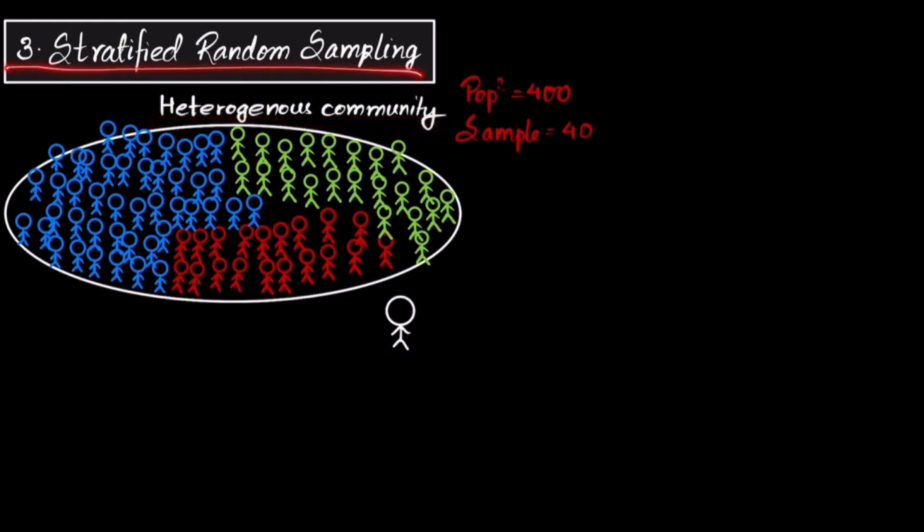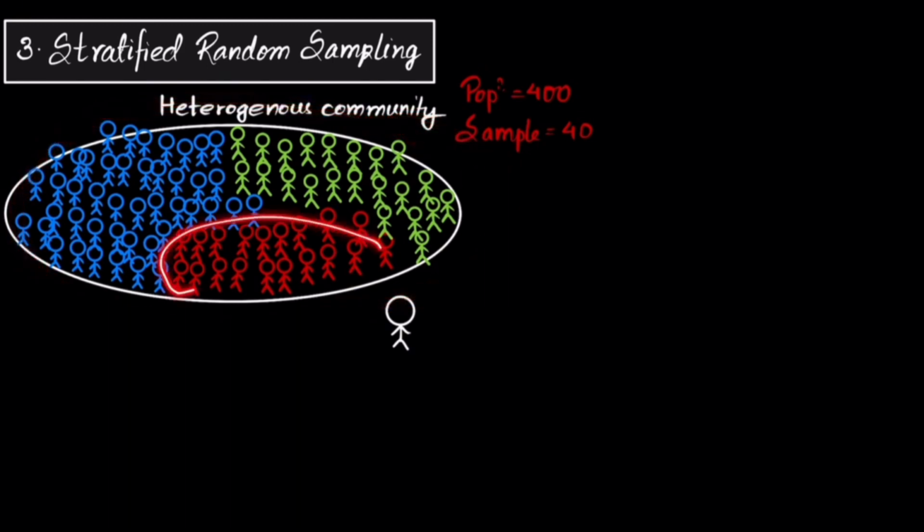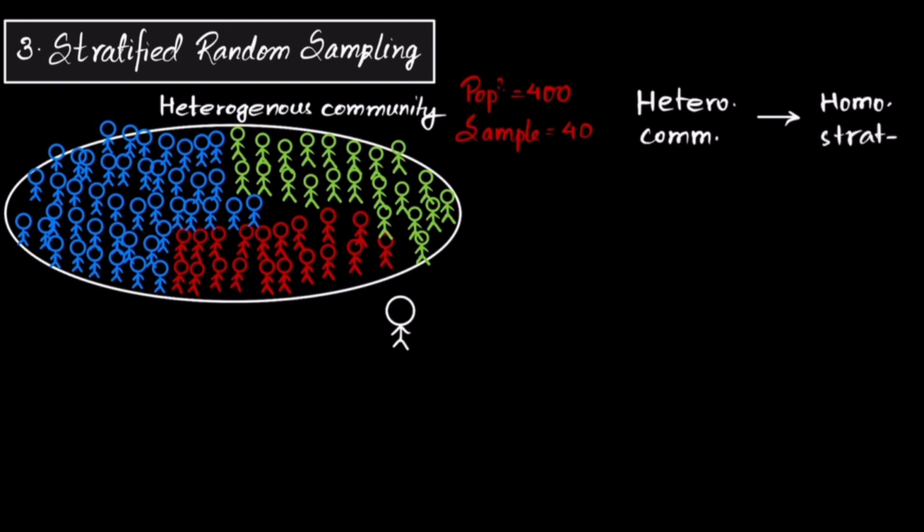In stratified random sampling, first stratification is done by the surveyor. That is, the heterogeneous community is divided into strata or subgroups that are homogeneous. So basically, the heterogeneous community is divided into homogeneous strata or subgroups.